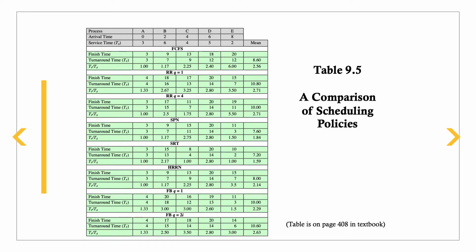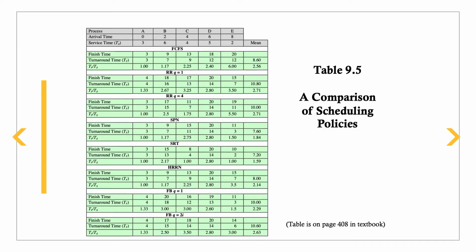And another table, 9.5. We're looking here at a comparison of scheduling policies, and so we're going to have some metrics, right? We want to be able to evaluate how our scheduling policies do. So the way this table works is we've got all of our processes, and we're keeping track of the arrival times and the service times.